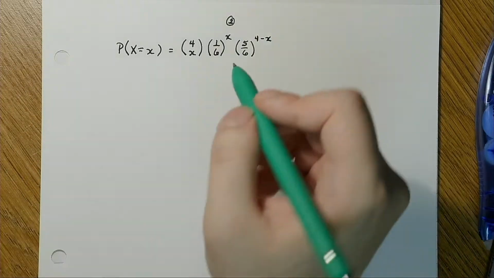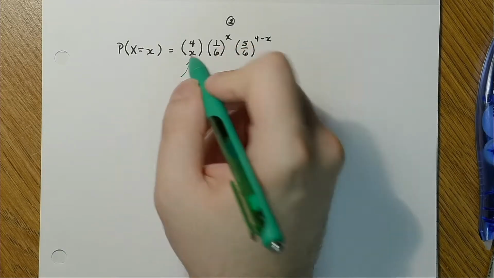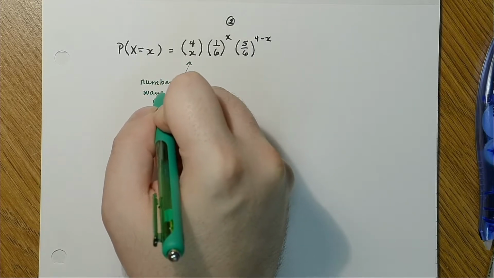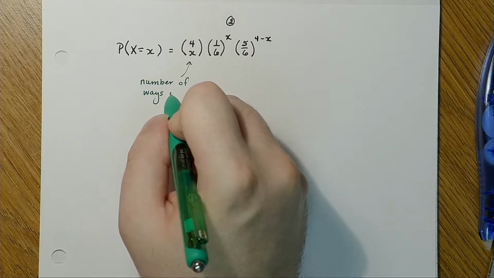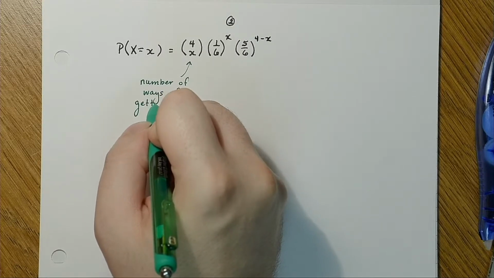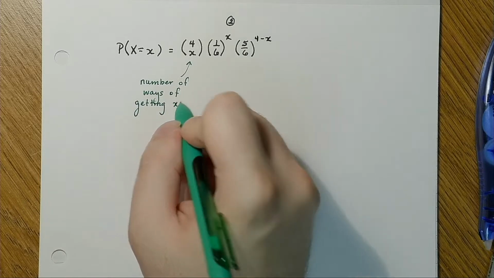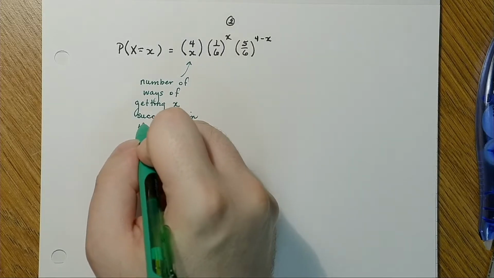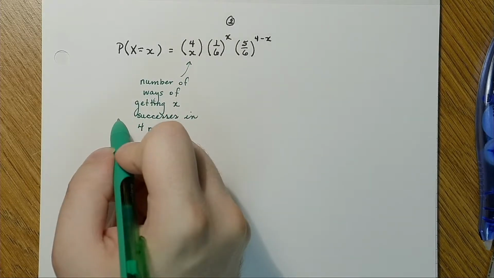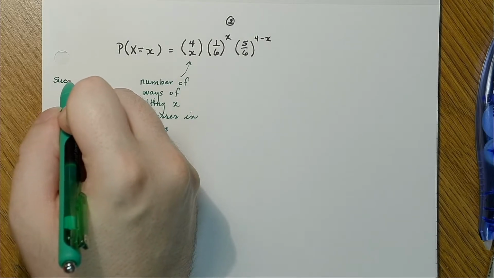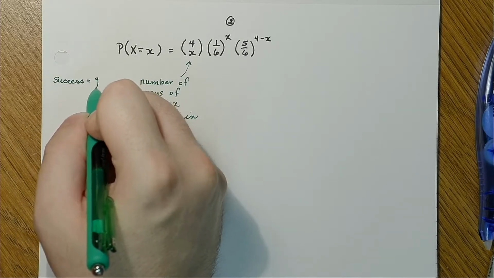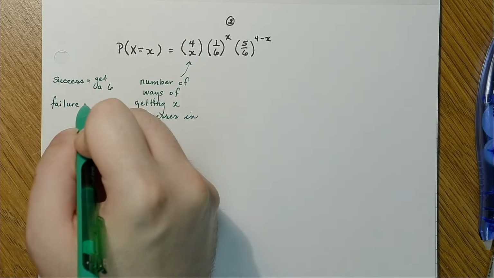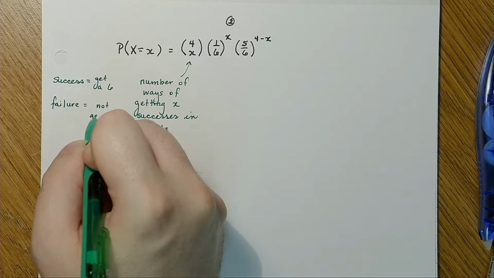So let me just try to illustrate here. Here's the number of ways of getting X successes in 4 rolls. And again, we're defining success as getting a 6, a failure as not getting a 6.